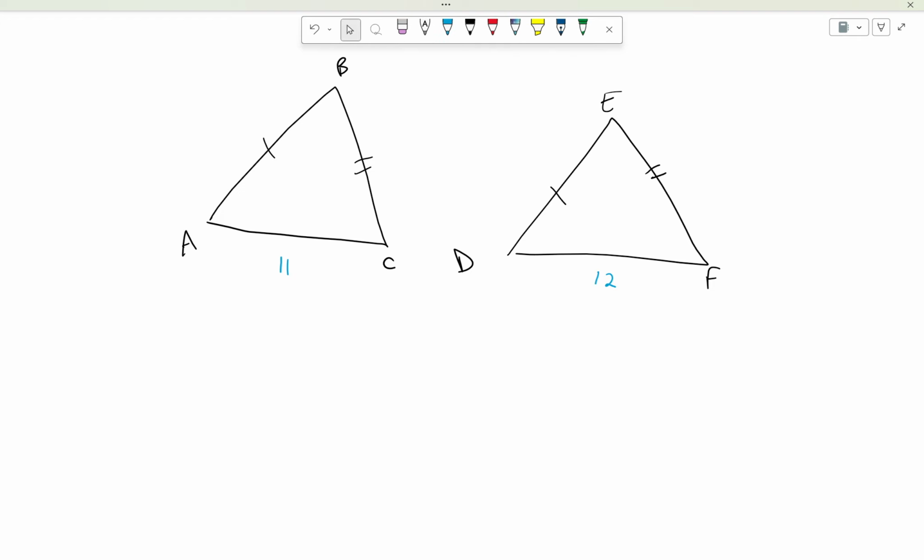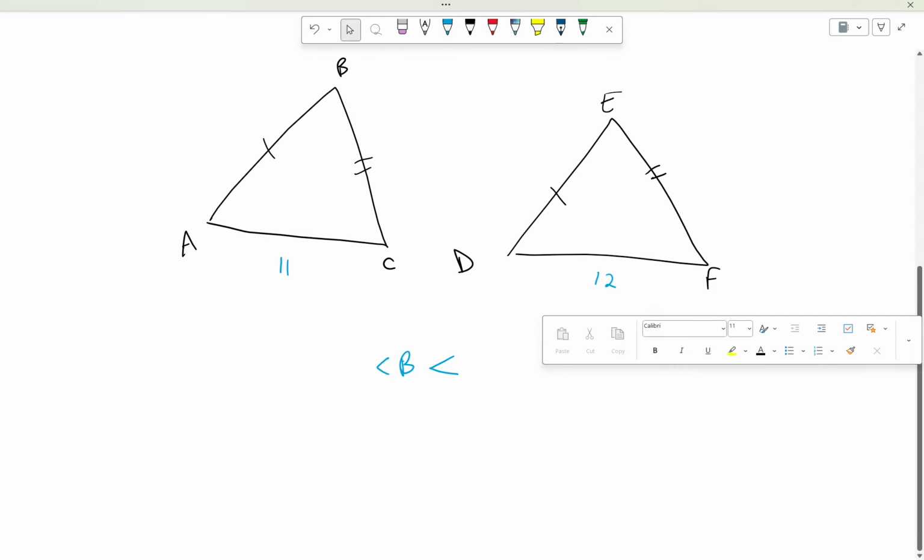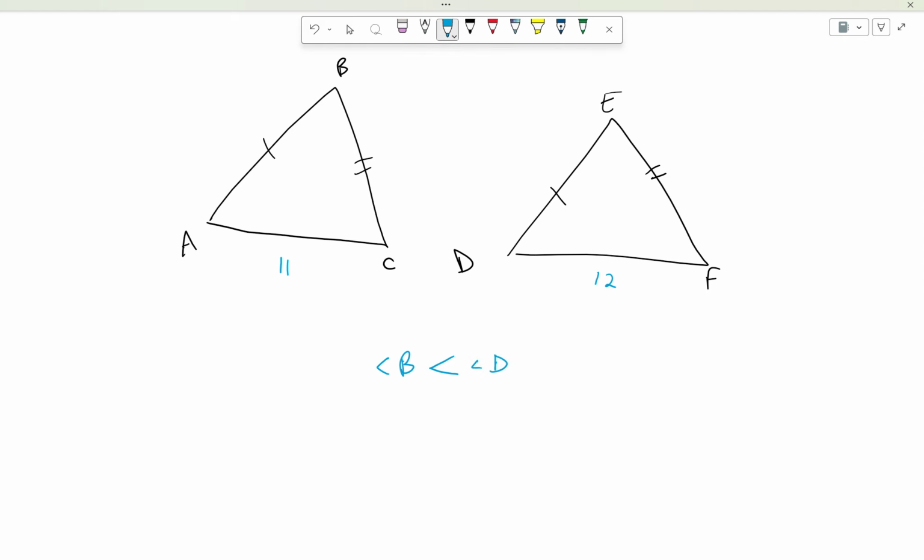So the question then becomes, which angle is bigger, angle B or angle E? That determination is made by taking the side opposite, and then going to the angle opposite. Angle B is the smaller angle because it is across from the smaller side, all other things considered being the two sets of congruent sides.